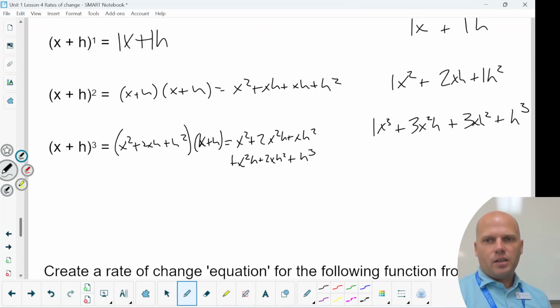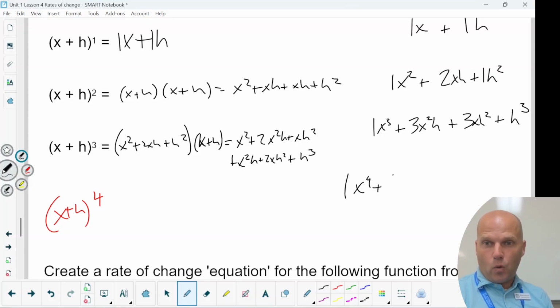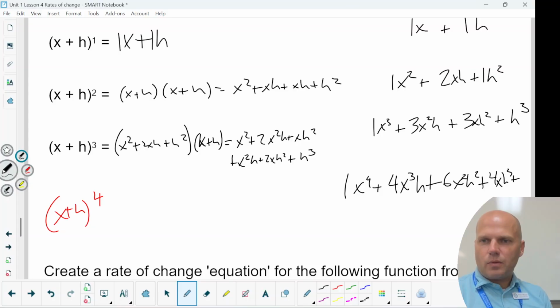And if we kept going, for x plus h to the fourth, you'd get 1x to the fourth. We'd get 4x cubed h. We'd get 6x squared h squared. We'd get 4xh cubed, and we get 1h to the fourth. And we can go beyond. So you can see the powers of x decrease by 1 while the powers of h increase by 1.